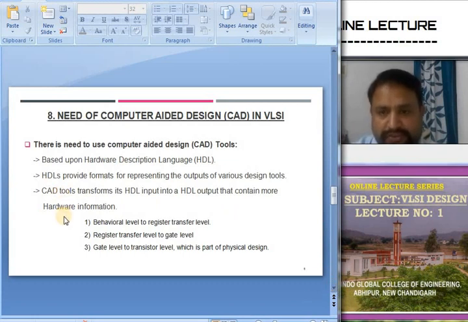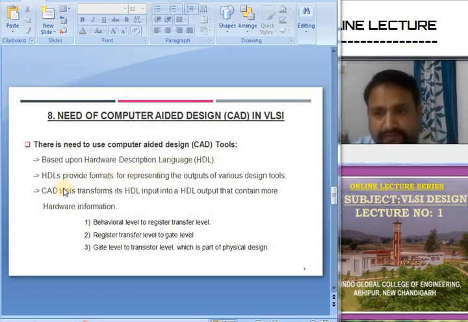So as you see in the slide, why there is a need for computer aided design. These HDLs, computer aided design, provide us a hardware description language, and they are the tools which transform input and provide us the desired output.